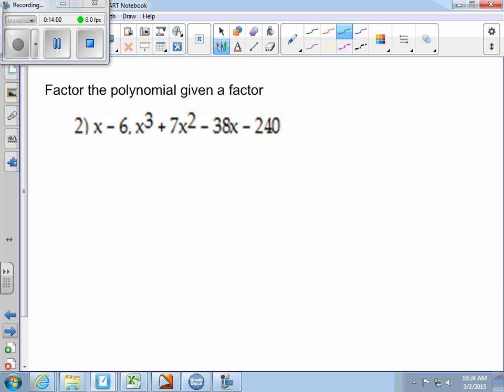Factor the polynomial given the factor x minus 6. So I know x minus 6 is a factor. Yeah, number 2.